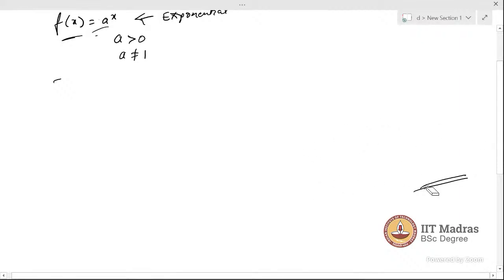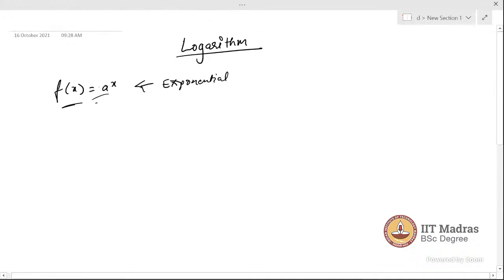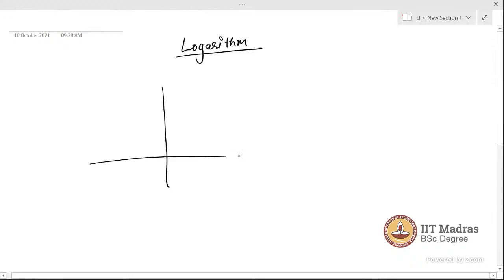Okay, I'll just erase these things. An asymptote is where the graph tends to when x is going to infinity. If I have a graph like this, when this is your log x to the base a, what happens when x tends to infinity?